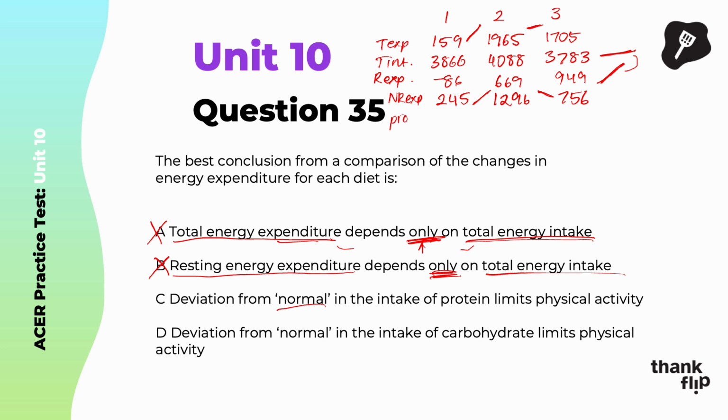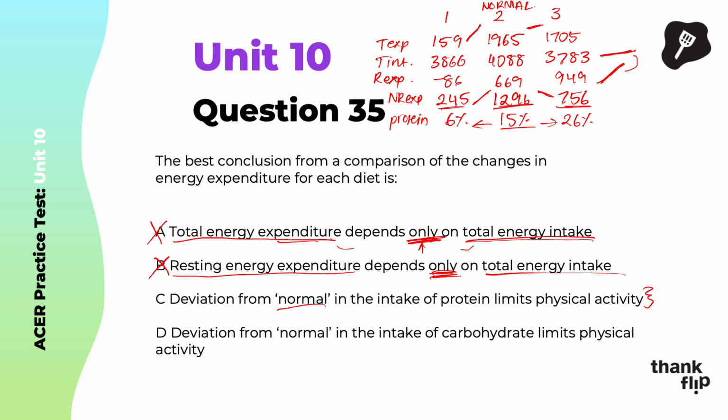Now let's look at our protein. Our protein intake is 6% in diet 1, 15% in diet 2, and 26% in diet 3. And we're also told in one of the dot points that diet number 2 is what's considered normal. That's a key piece of information, because 15% is normal and we have the most physical activity here, and when you deviate from normal, you get less physical activity.